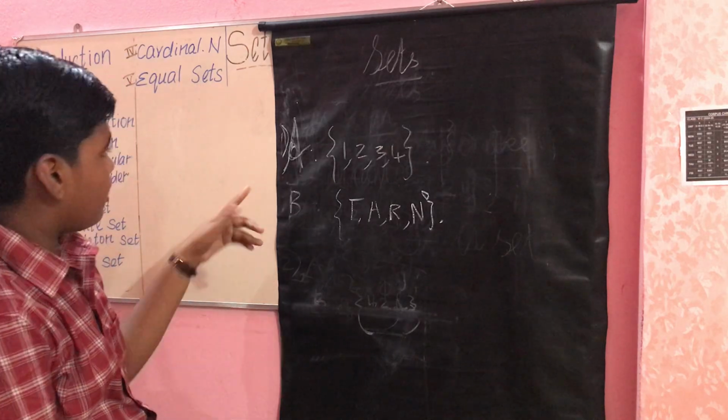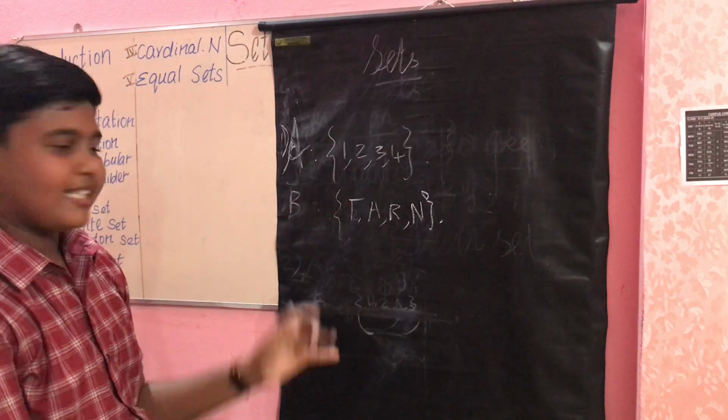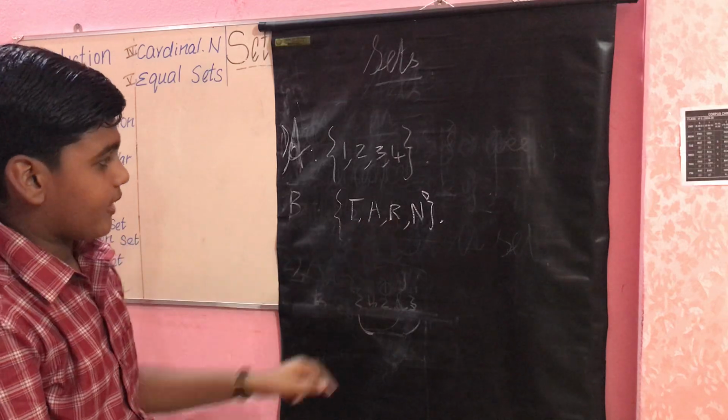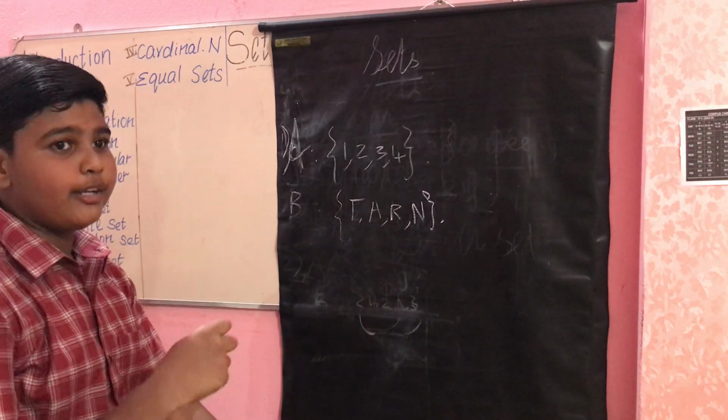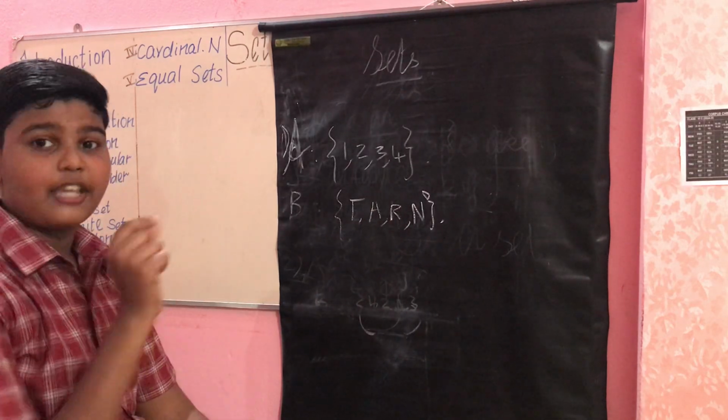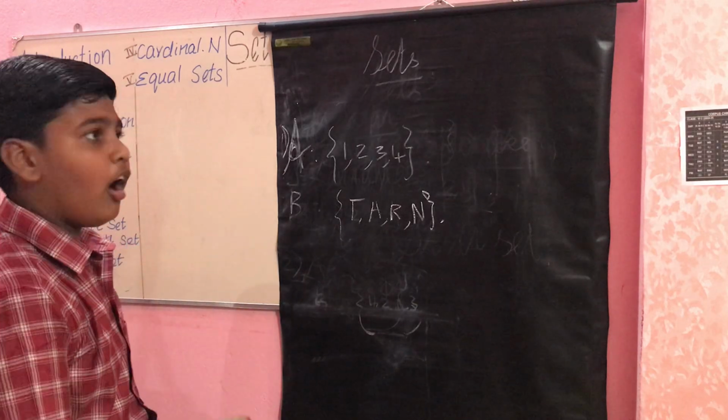I'll tell you what I wrote. Here I wrote A is equal to 1, 2, 3 for the same sum. B is equal to T, A, R, A, N. So this question is actually the letters in the name Taran, my name. How many letters?